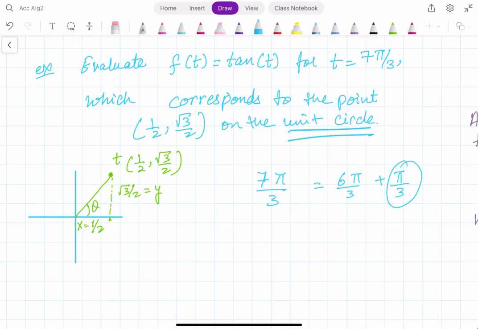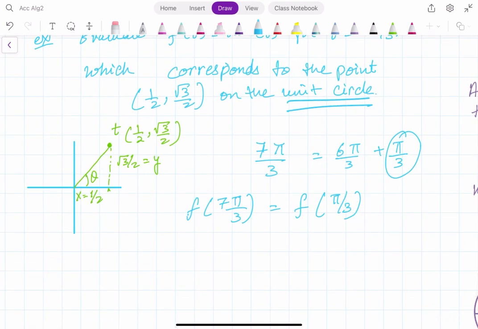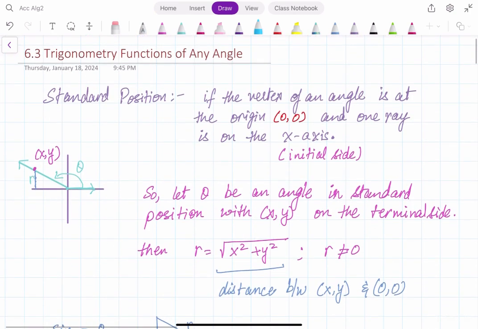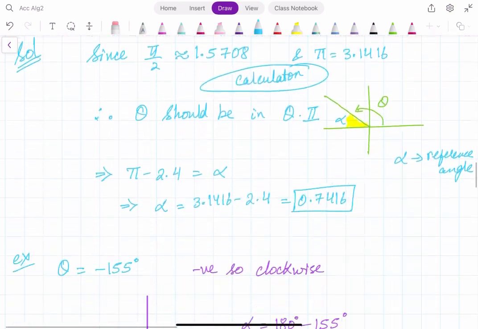That means it is positive, and tangent is positive in the first quadrant. It is also positive in the third quadrant, but for the third quadrant, the coordinates will be negative. In this case, 1/2 and radical 3 over 2, both of them are positive. That also indicates that it is in the first quadrant.